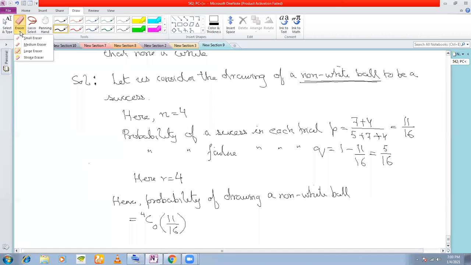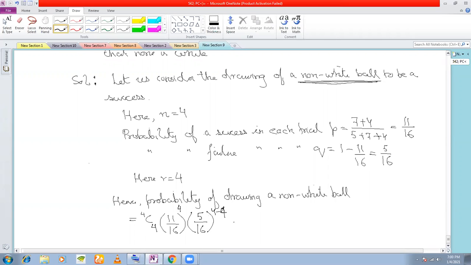Which one is a success? The success is a non-white ball, and in each of the trials that you are making, you must get all 4 successes, right? So 4C4 into 11 by 16 to the power of 4 into 5 by 16 to the power of 4 minus 4.